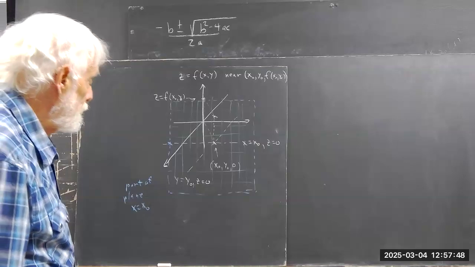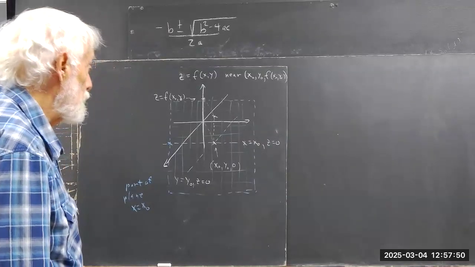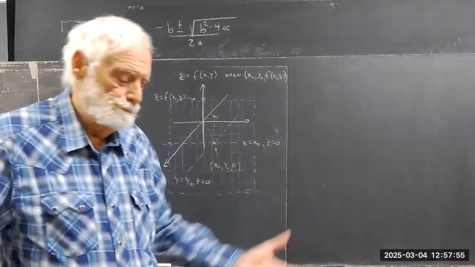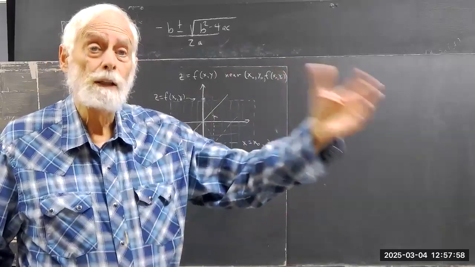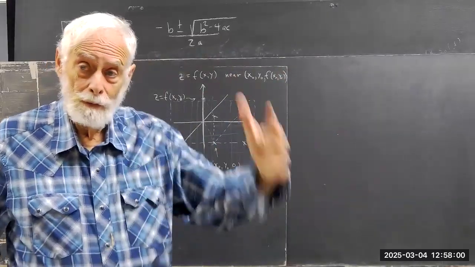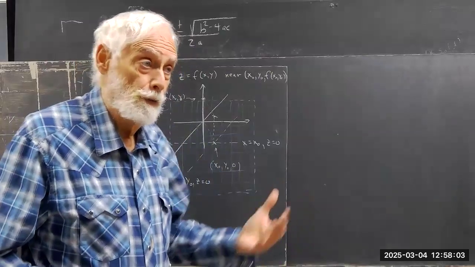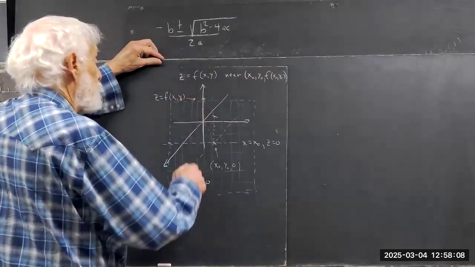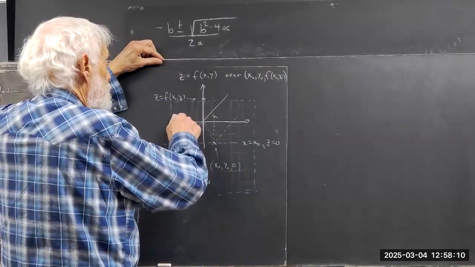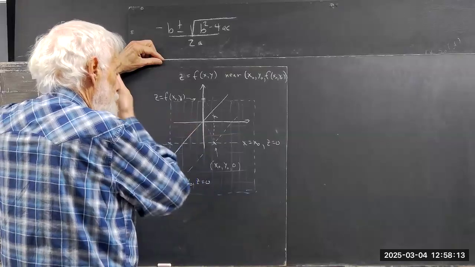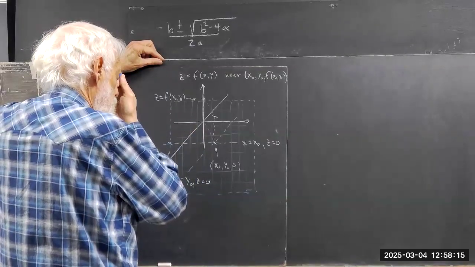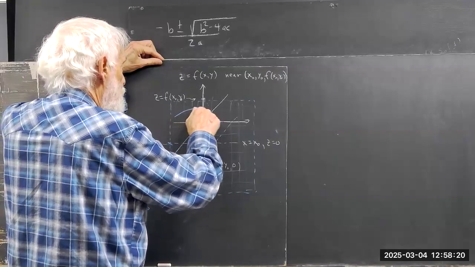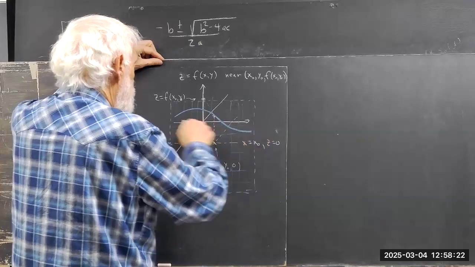Now, we're going to cut the graph of the function. The function could be a quadratic function, could be any function. It could have peaks and valleys and swirls and everything else, as long as it's a function. So it's going to go through this point, and let's just say that at this point, it goes through here.